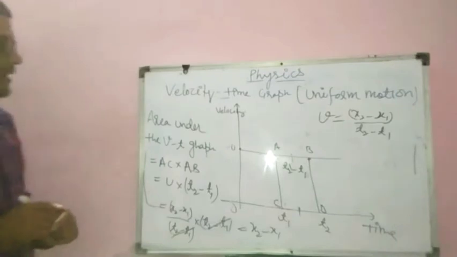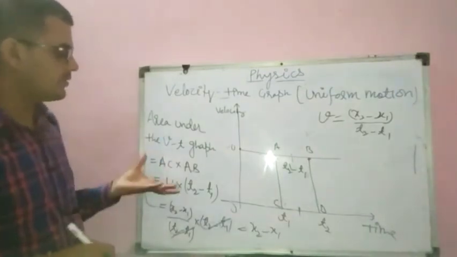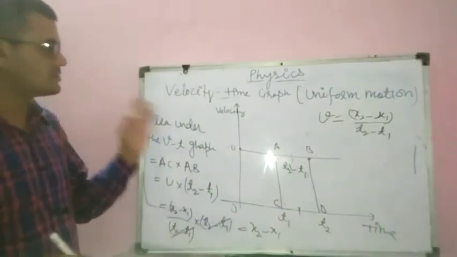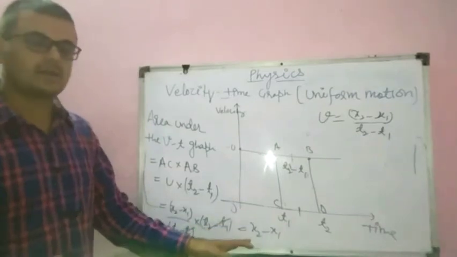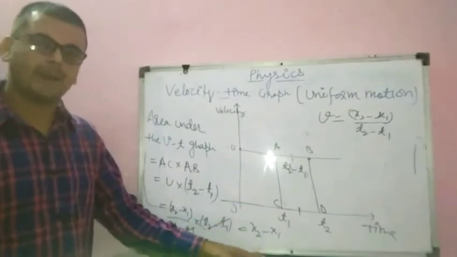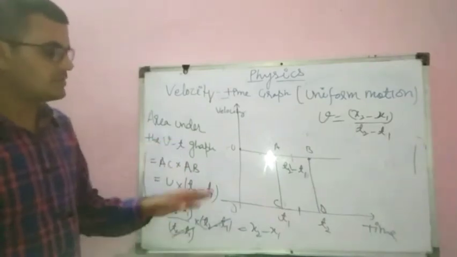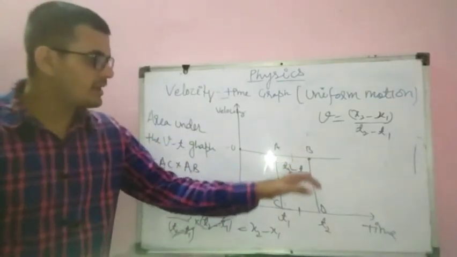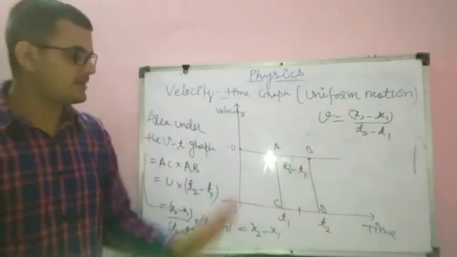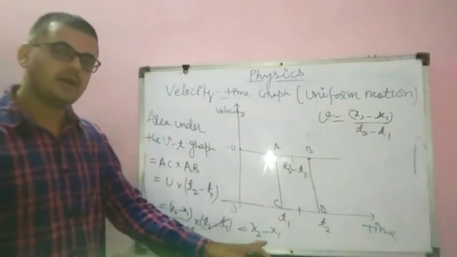So what have we calculated by using the velocity-time graph? The net displacement of the particle. So the area under the VT graph is equal to the displacement of the particle.